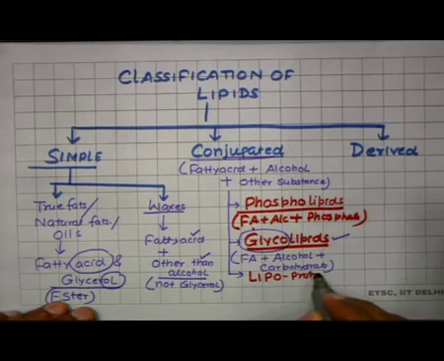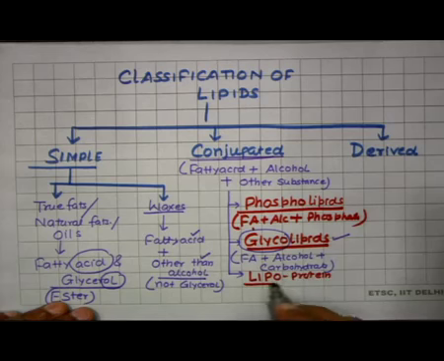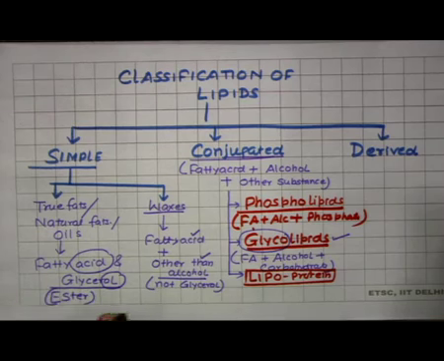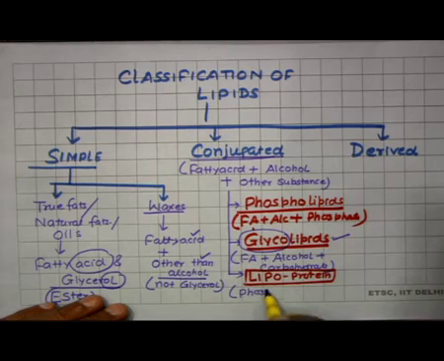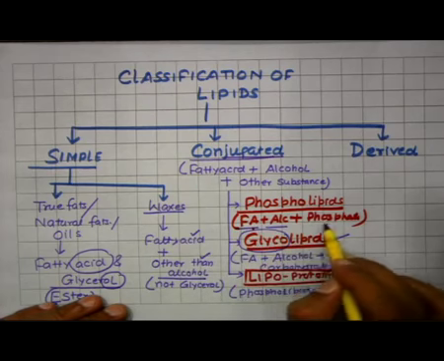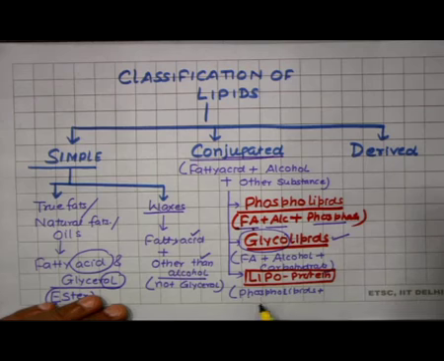The third form is lipoprotein. As it indicates, lipoproteins are made from phospholipids, which are formed by fatty acid, alcohol and phosphate. Besides these 3 things, there is the addition of protein.